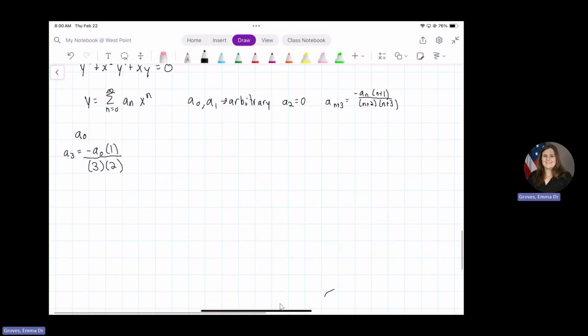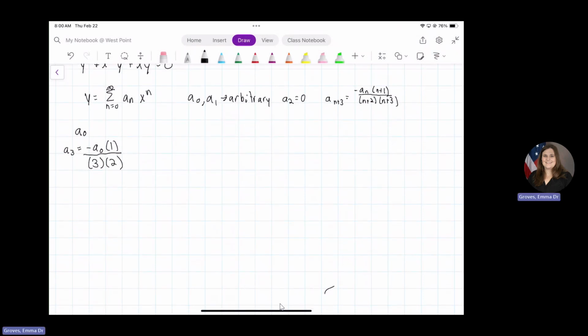Because if my subscript is 3, what did that make my n in my pattern? 0. Perfect. Then a6 is going to equal negative a3 times 4 over 6 times 5.